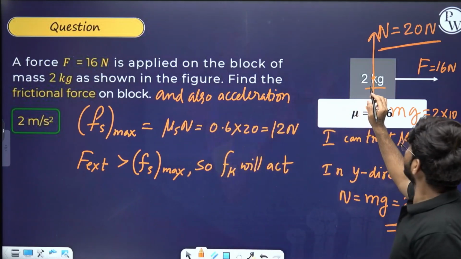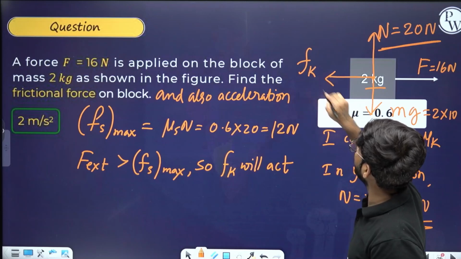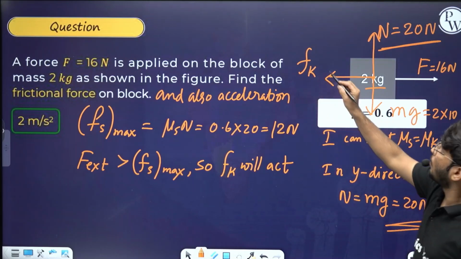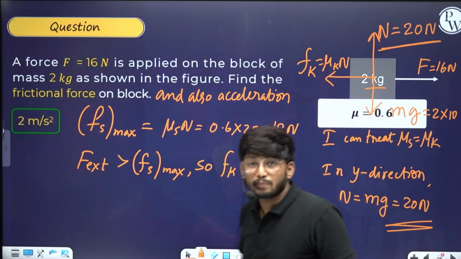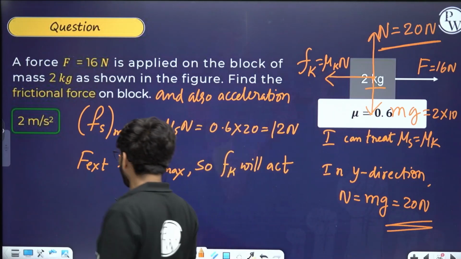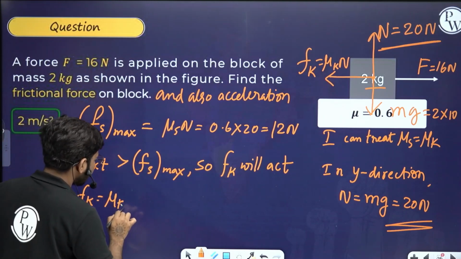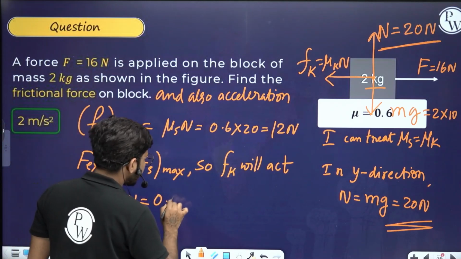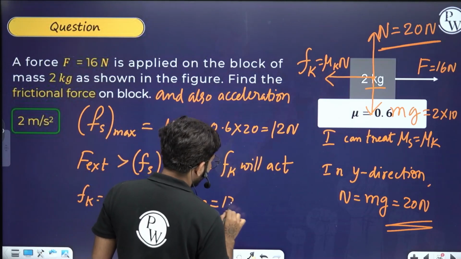So here the friction which is acting is Fk, whose value is mu k into n. Since mu k and mu s are both the same, we can write Fk is mu k into n. 0.6 into n, which is 20. So it is also 12 Newton.